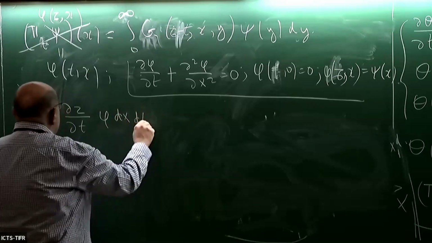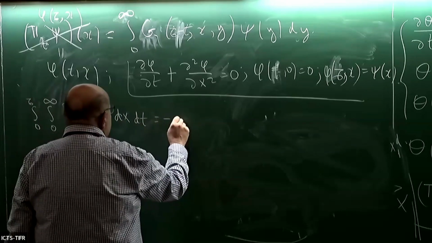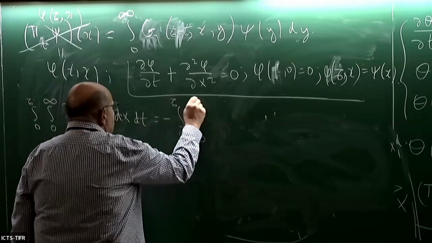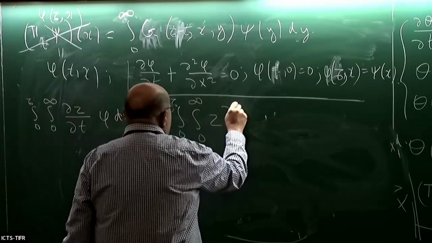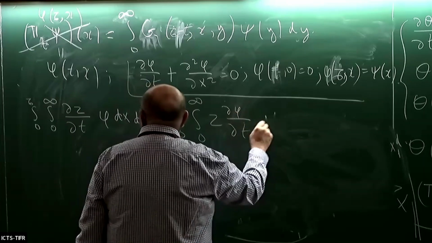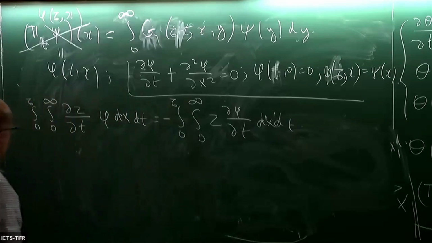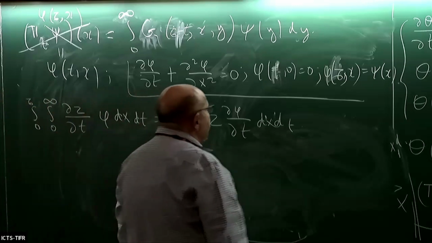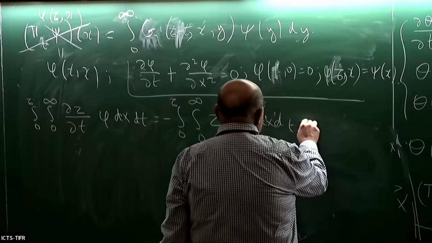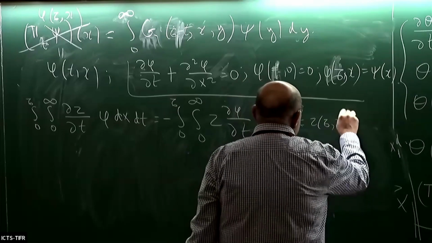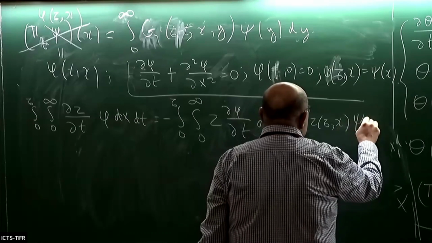dx dt is equal to minus integral from 0 to tau, integral from 0 to infinity of z d phi over dt dx dt plus a boundary term. I integrate by parts in time. It will be z phi at instant tau. It's nothing else than z of tau and x, psi of x.